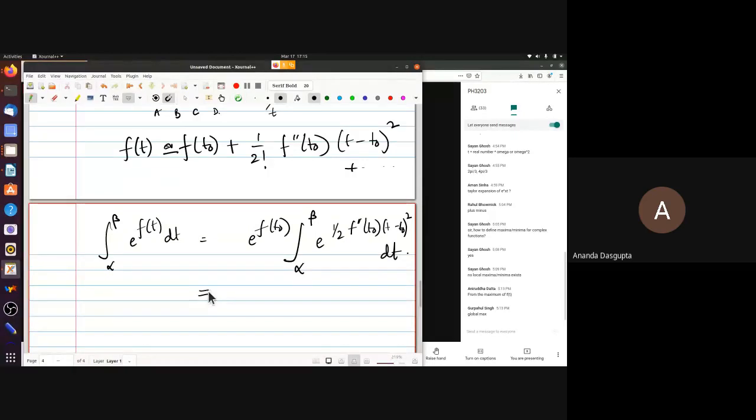By the way, this f double prime t0, what is the sign of this quantity?